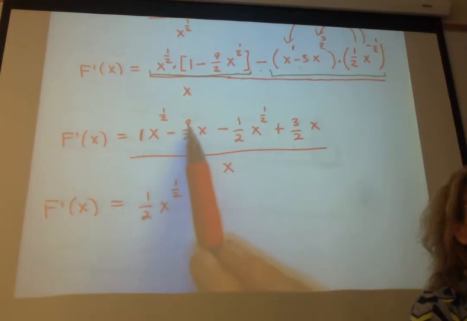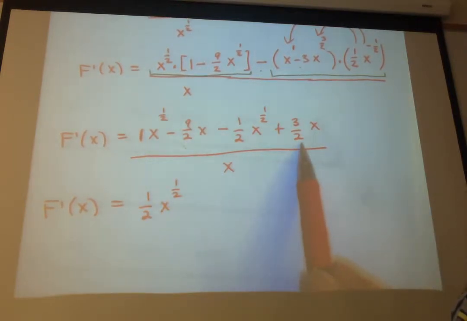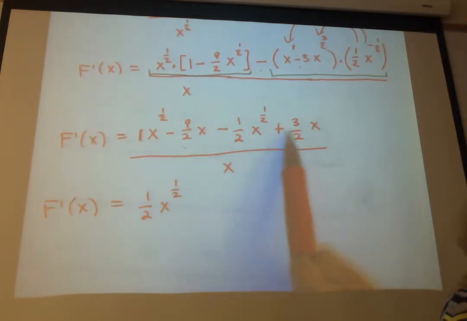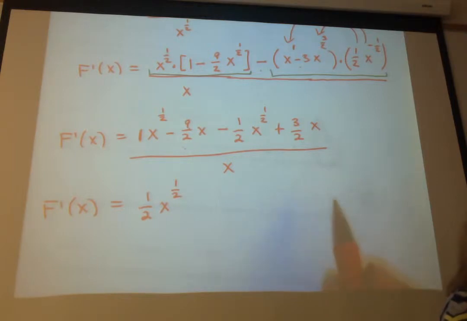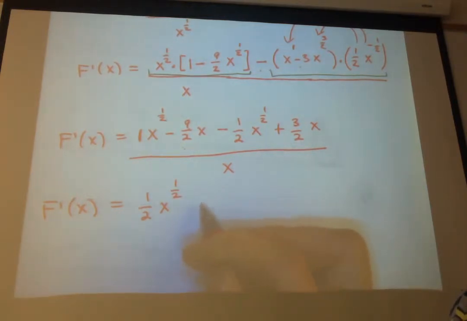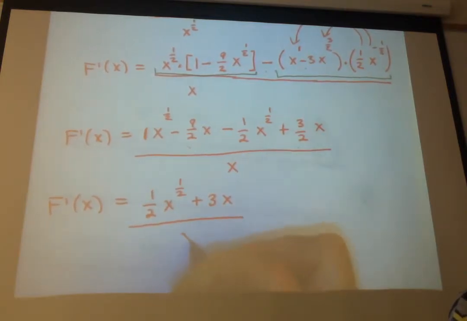So a negative 9, thankfully they have the same denominator, that makes life easier. So negative 9 plus 3 is 6 over 2, correct, which is 3. So good. All over x.